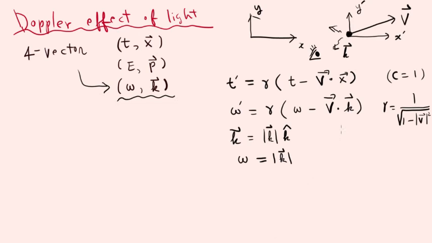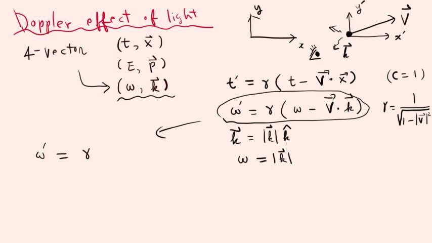And so what that means is that we can rewrite this equation as omega prime equals gamma. I'm going to factor out omega here, because the magnitude of k is equal to omega: gamma omega (1 minus v dot k hat), where k hat is the unit vector along the k direction.